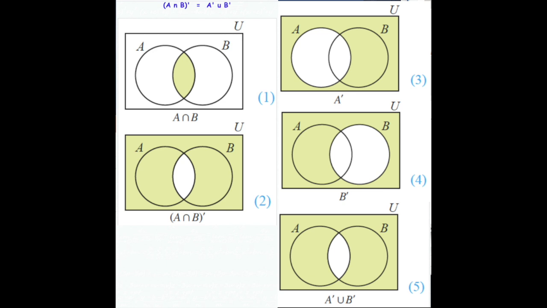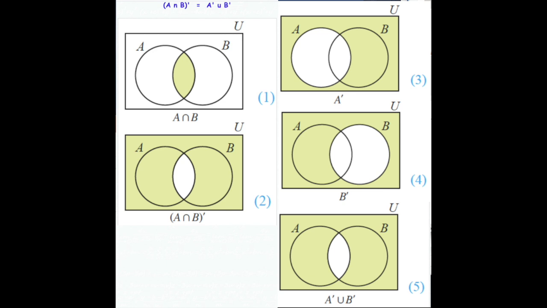Those are the two yellow areas there, and if you combine them, not A and not B, it's everything colored in except that center section. So if you look at number 2 and you look at number 5, those are the same.